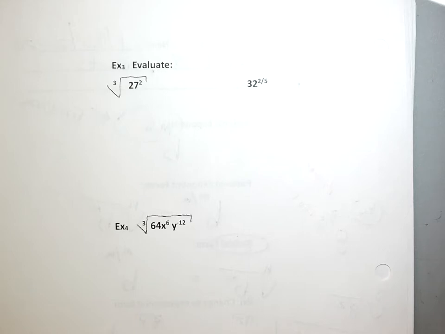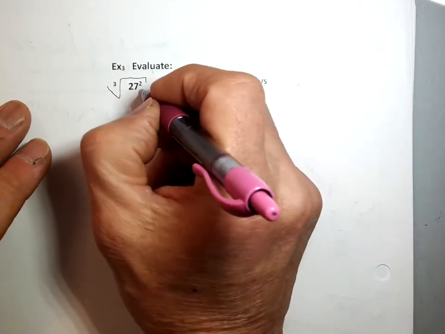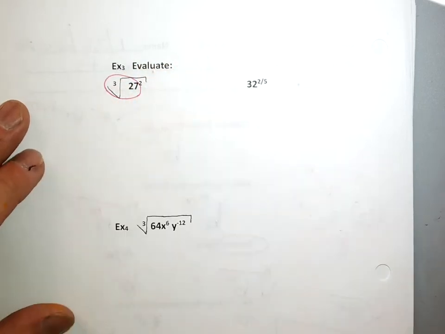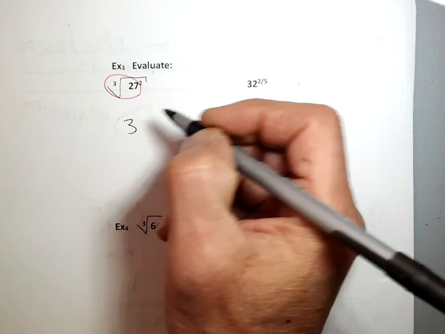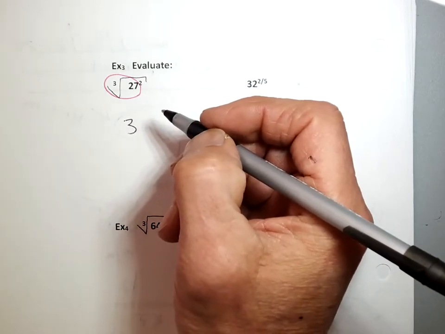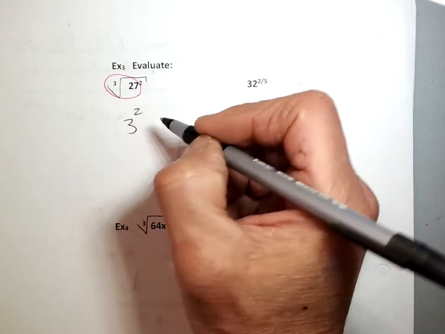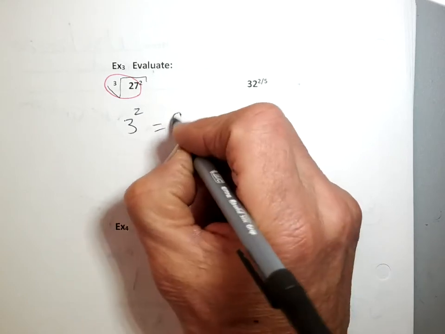What's the cube root of 27? 3 to the second power is? Isn't that much faster than going 27 squared? But if you reduce it first, take the root first, it gets easy. You can do this in your head. The cube root of 27 is 3, because what times what times what makes 27? I still have to square it, but that's 9.